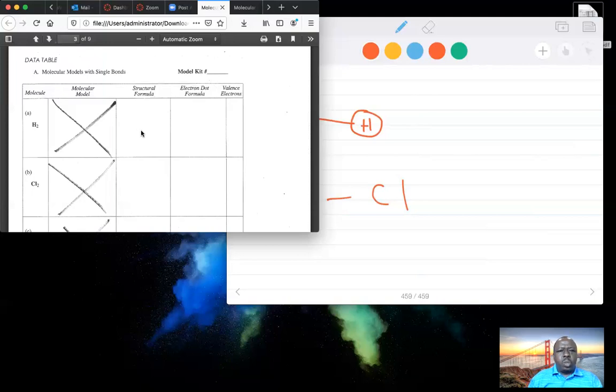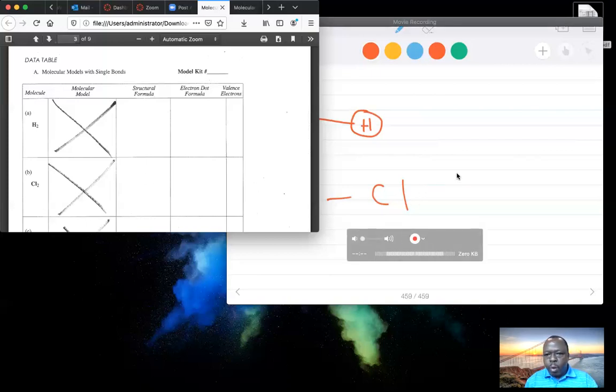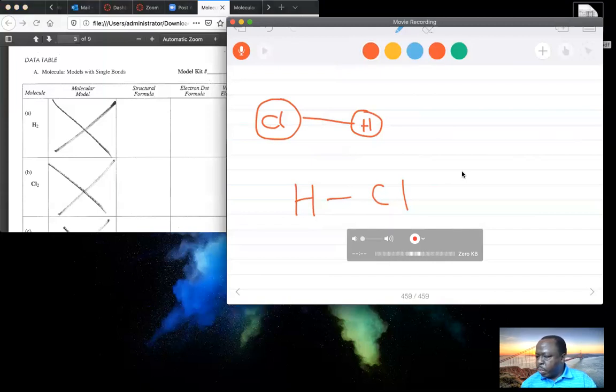For electron dot formula, first of all, is there any question at this point? Any question? So far, so good? I've walked you through how to determine the valence electron. For main group, it's the same. Now, for structural, once you know the chemical formula here, molecular formula, structural formula, all right? Molecular formula on my whiteboard, on my example, will just be HCl.